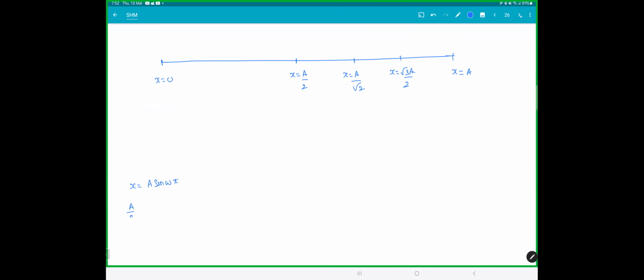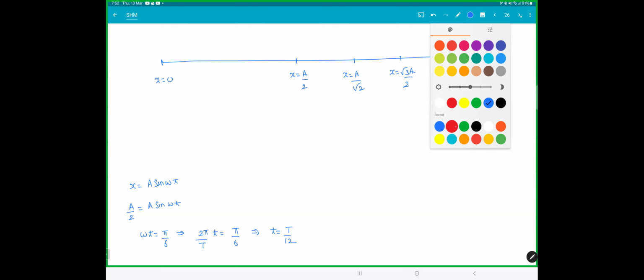X is a by 2, so a by 2 is a sine omega t. So omega t is pi by 6. This is 2 pi by capital T into t is pi by 6. T is equal to capital T by 12. Make sense? There's a much faster way.